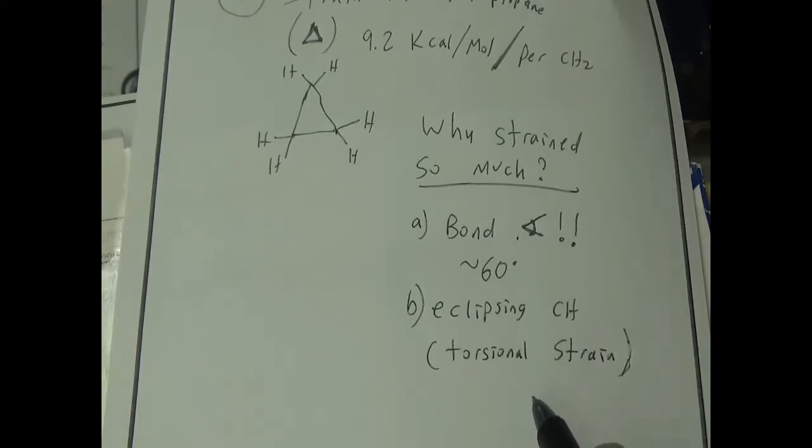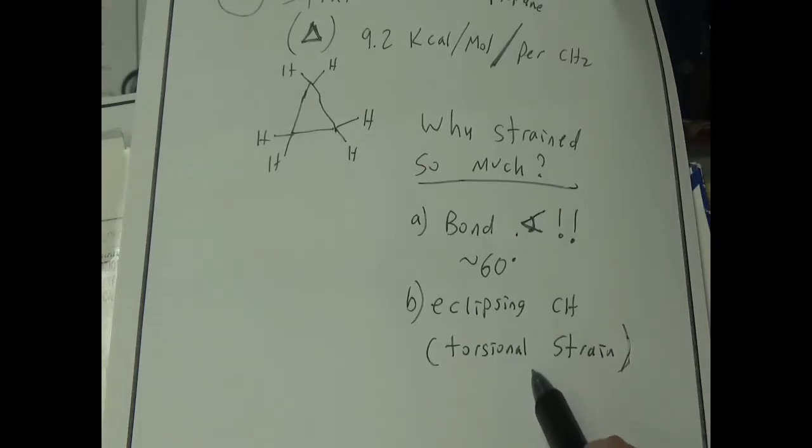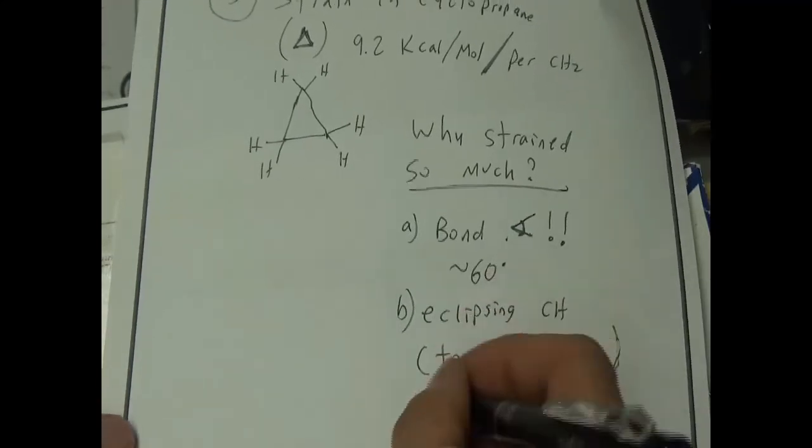Ethane, CH3CH3, that little bit of interaction between the neighboring CHs when they're eclipsed, it's called torsional strain. So what is the unhappiness? The unhappiness in torsional strain is due to the neighboring CH electron clouds bumping into each other.